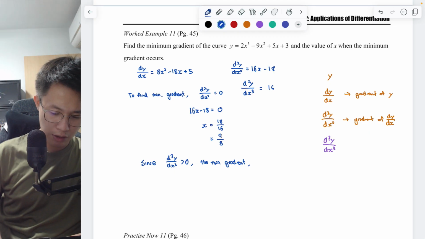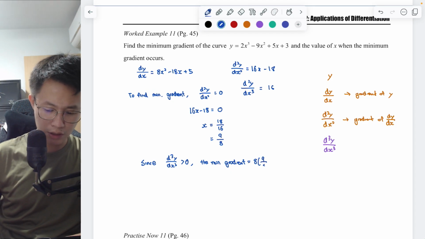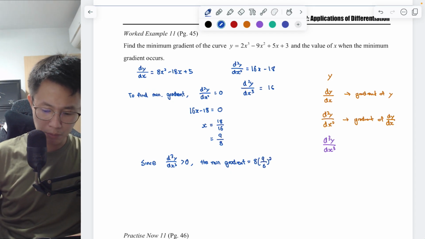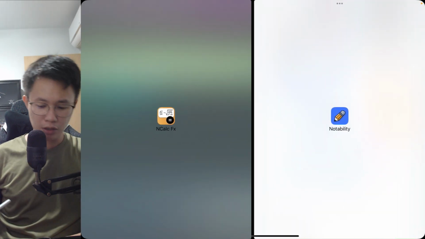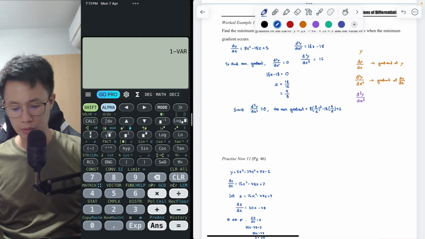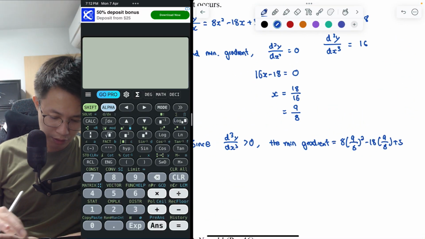The minimum gradient is equal to 8 times 9 over 8 squared, minus 18 times 9 over 8, plus 5. You're going to use your calculator over here, because if you don't, it's going to be very hard. So this value will be the minimum gradient. This minimum gradient is not equal to 0, just to clarify. So let's key that in.